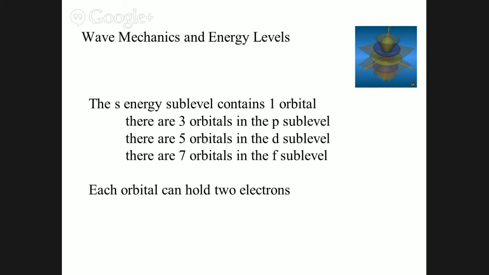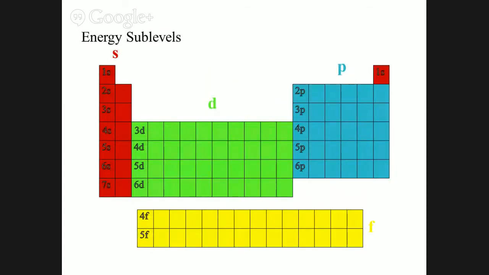And I'm going to jump ahead a slide to this one here. This is how you could, if you wanted, sort of block out the periodic table in terms of sublevel energies. In other words, the energies the electrons have in the different sublevels. And so here we have the S sublevel, and we have 2 columns over on the left side of the periodic table.